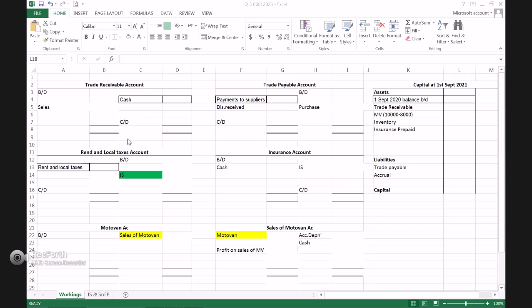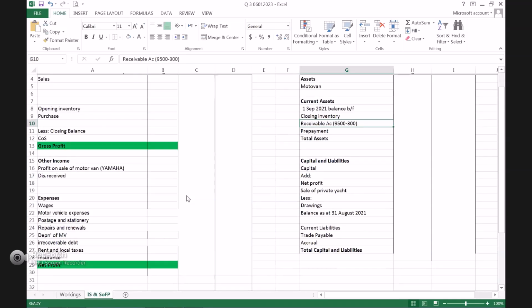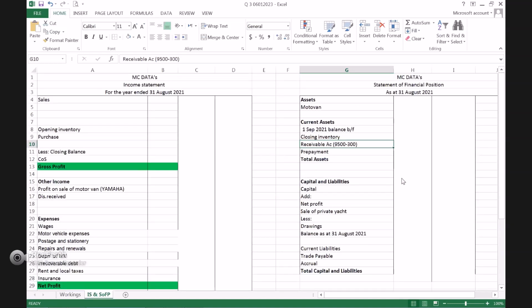So first, don't write down inside data. First you have to draw the ledgers and this statement. After that, next you have to prepare the income statement, like this, as well as the statement of financial position, like this.